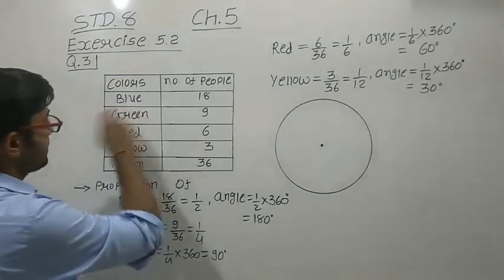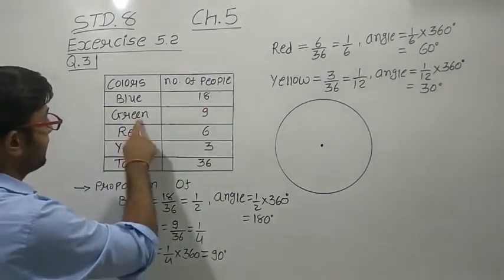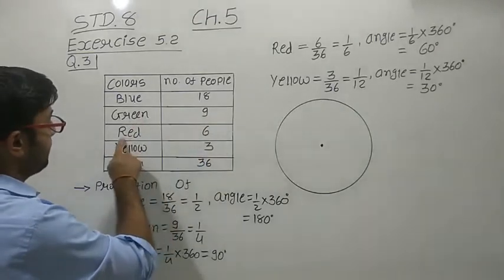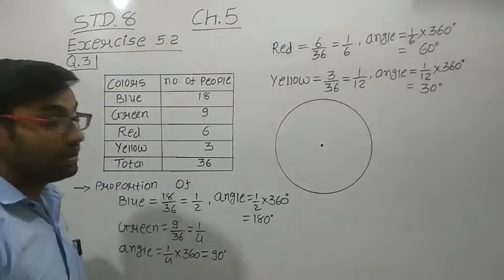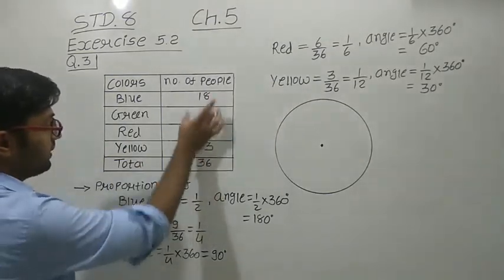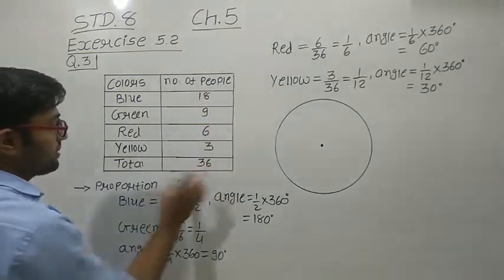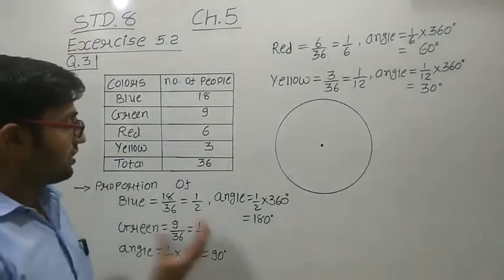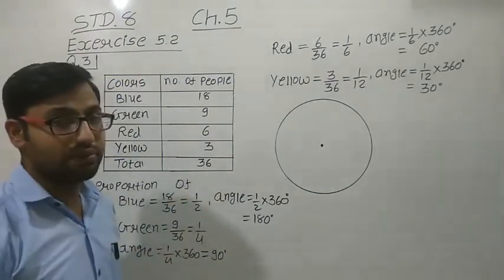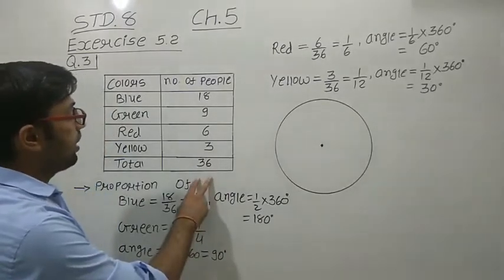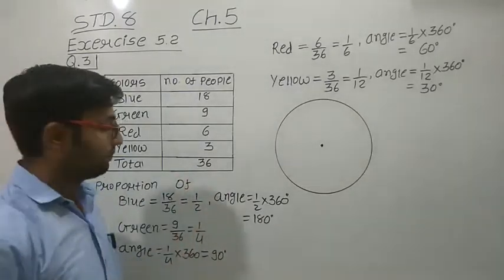So blue is preferred by 18 people, green by 9 people, red by 6 people, and yellow by 3 people. So the total number of people here is 18 plus 9 plus 6 plus 3, which is 36. So this survey is done on 36 people, about which color they preferred.